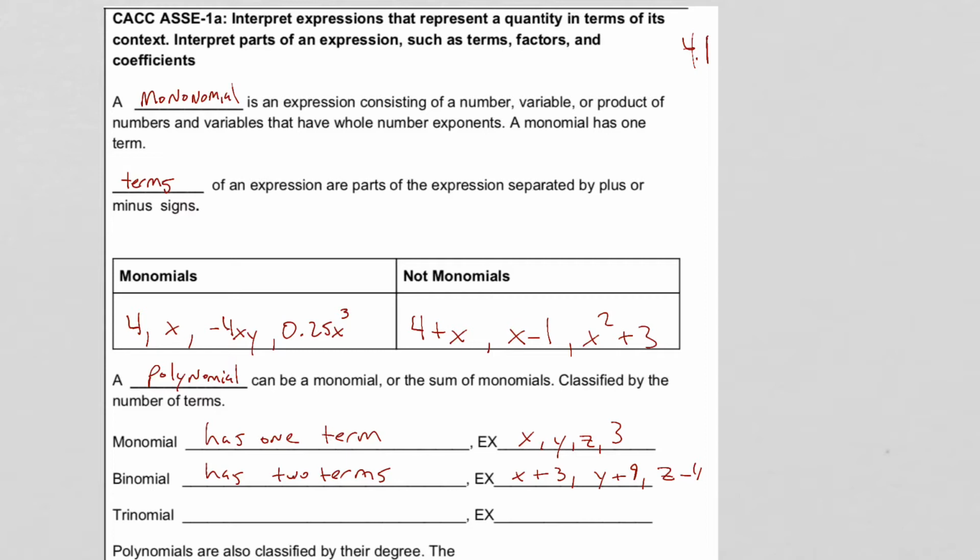And a trinomial has 3 terms, like a tricycle, 3 wheels. And x squared plus x plus 1, that's an example of a trinomial. X to the third minus x minus 3, there's another example.